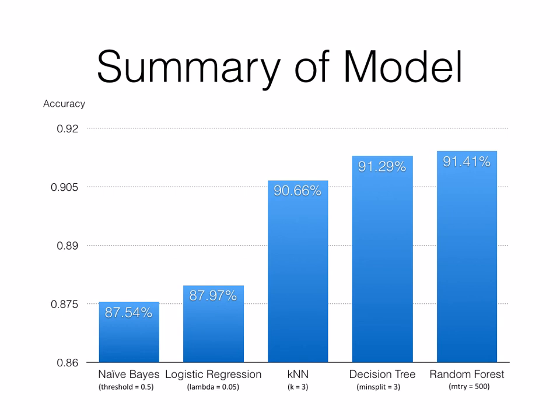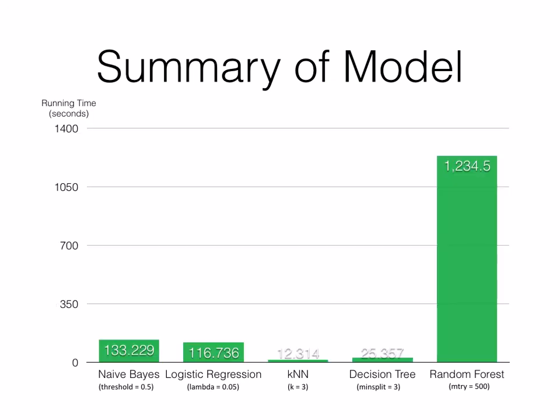Okay, and then this is a very simple summary of the models. We can see the random forest has the best performance among all the models I tried. However, the running time is also longer. Even with the parallel version, and the number I put here is already a parallel version, it is still very slow because you need to build a lot of trees.